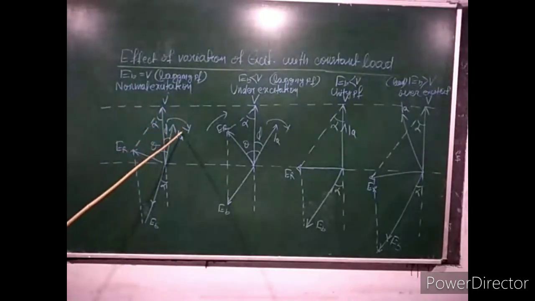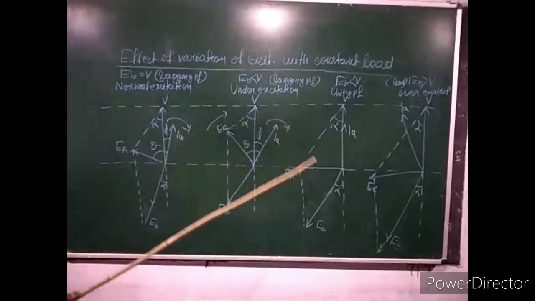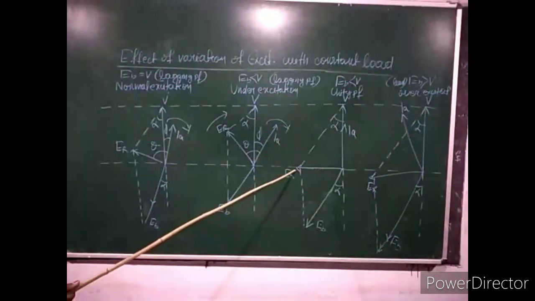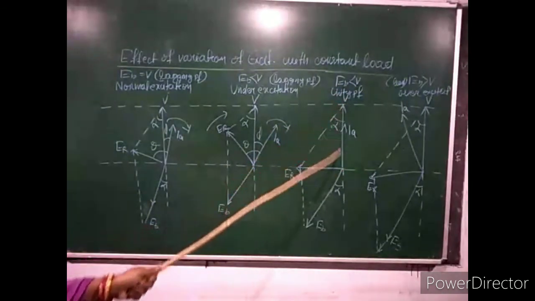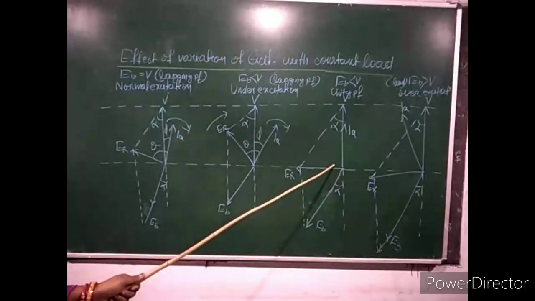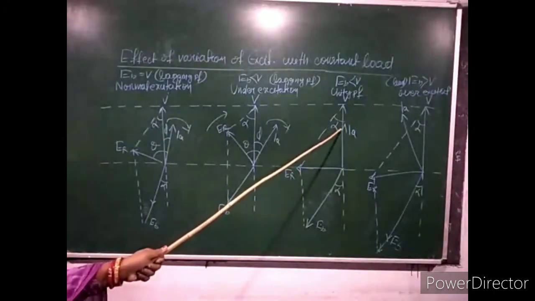We increase the field current, that means we increase the excitation, in such a way that this current comes nearer to this voltage phasor, as shown in the figure. They come nearer to each other. So here the power factor is unity and therefore IA is minimum.